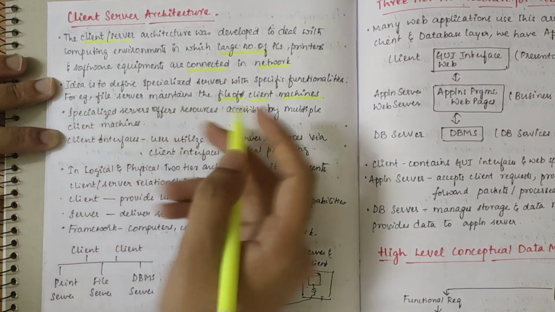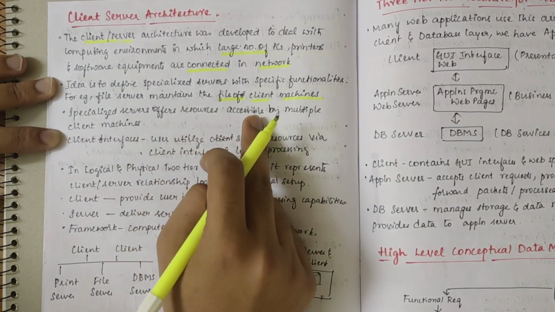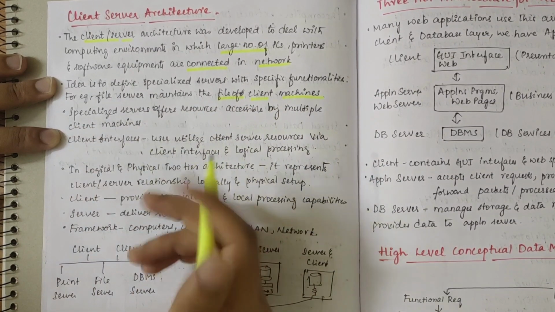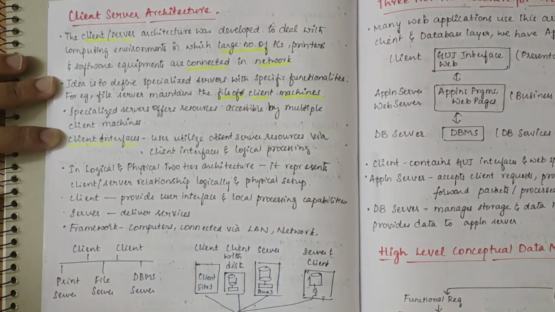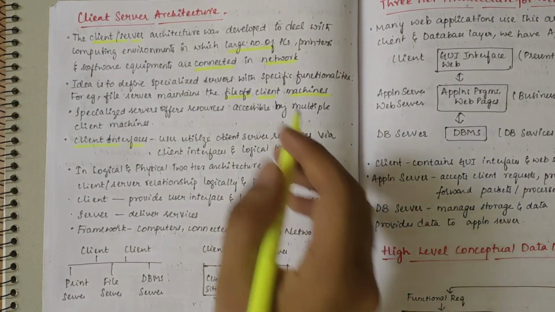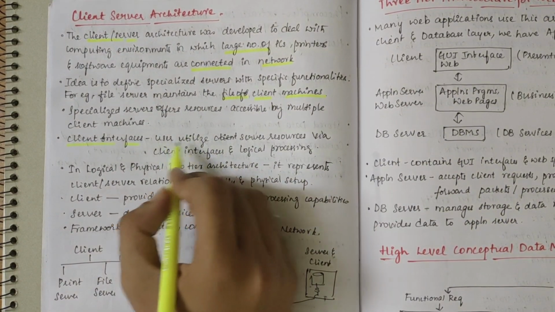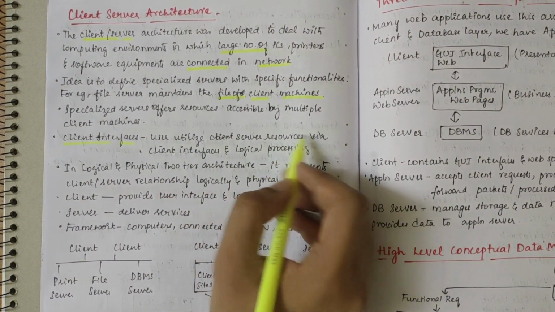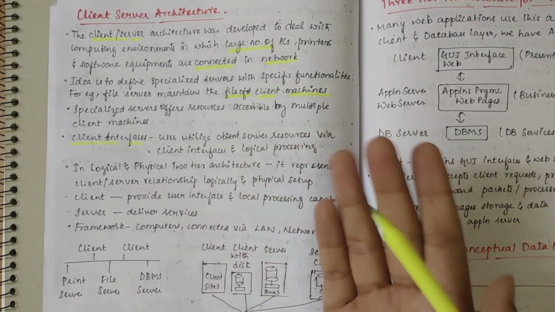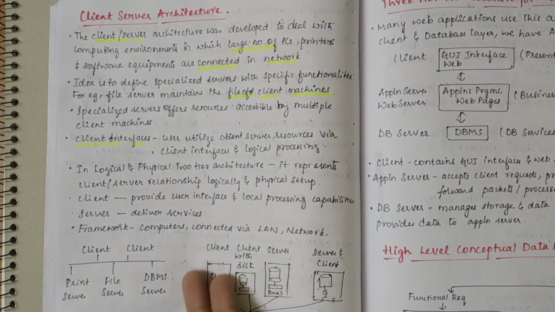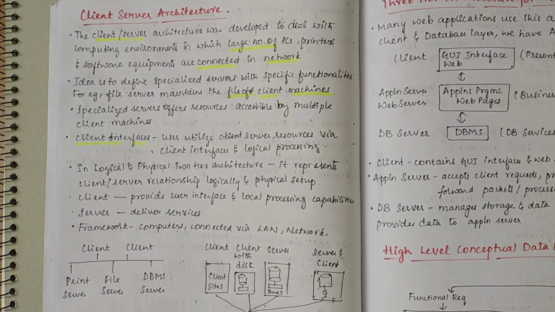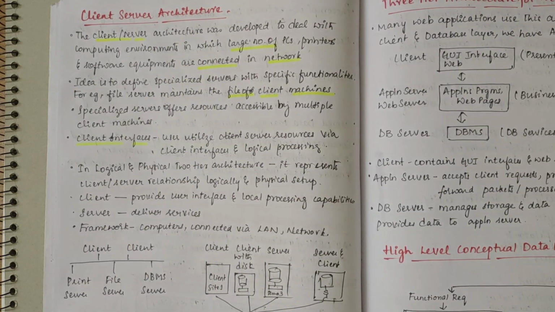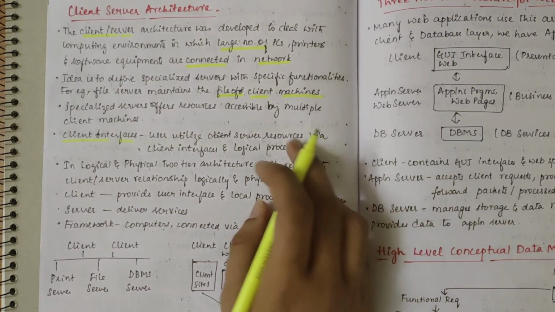The specialized servers offer resources accessible by multiple client machines. Then we have the client interface here. The user utilizes server resources via the client interface and logical processing. So the user makes use of the client interface in order to access the network, right?